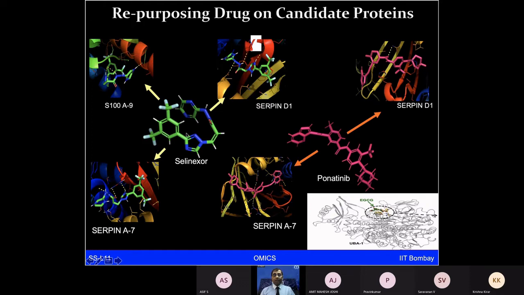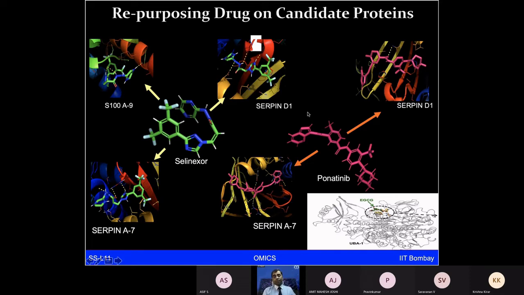We used the drug selinexor, which is an FDA approved drug, and it was able to bind very well. What we have shown is only those protein and drug pairs which show very strong binding. We tried many others which did not show binding, so we have not presented those here.